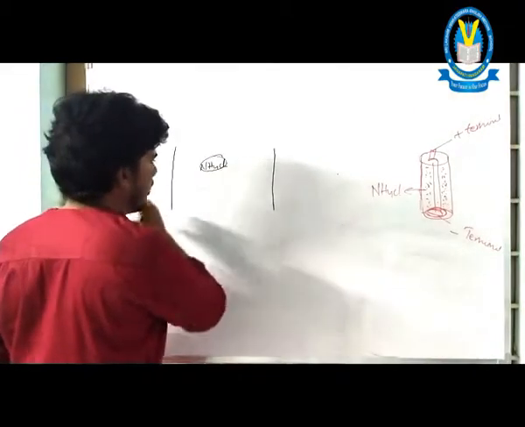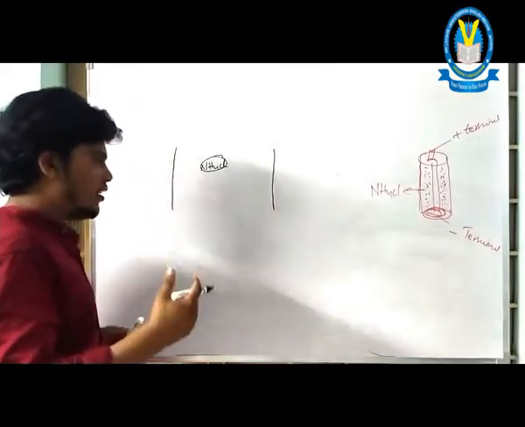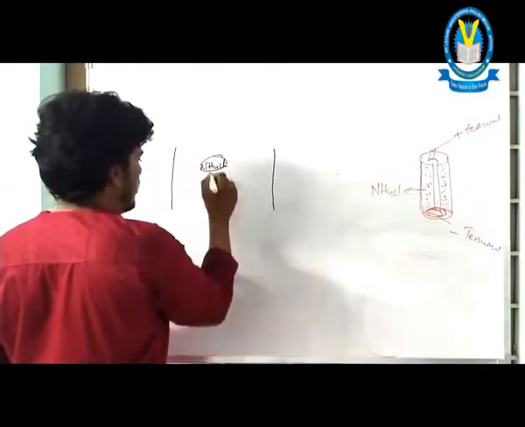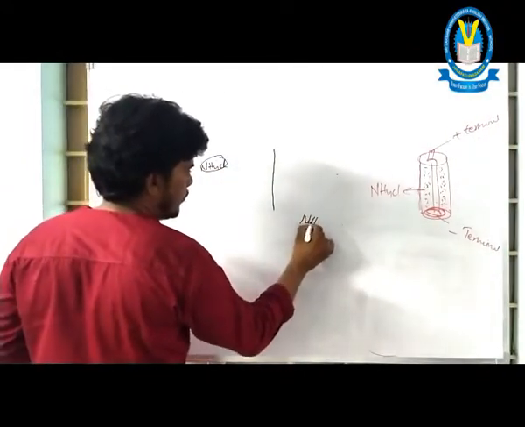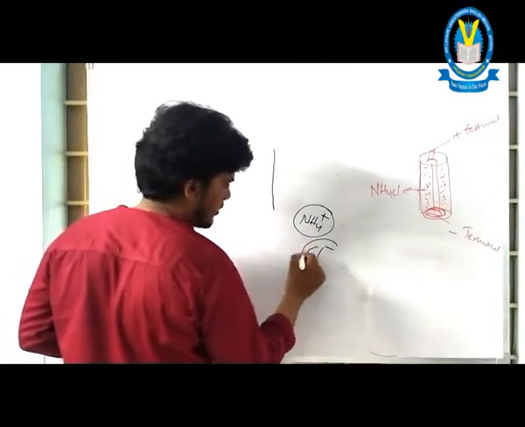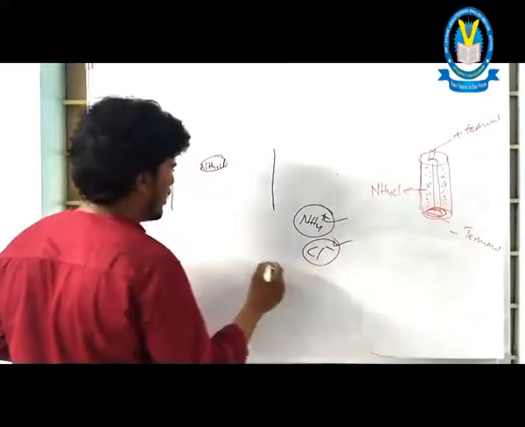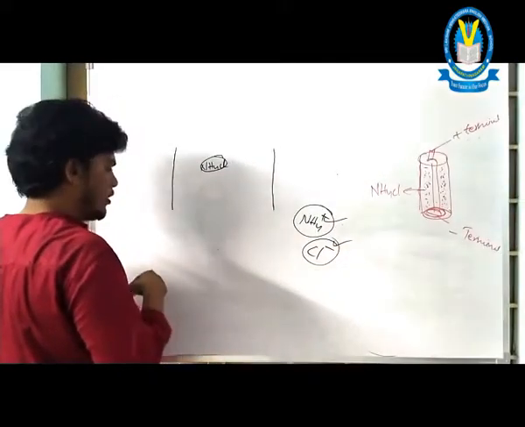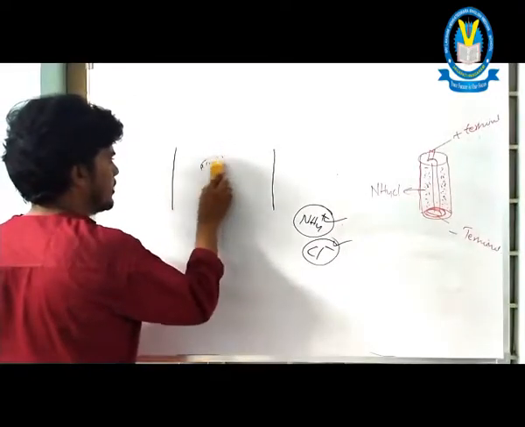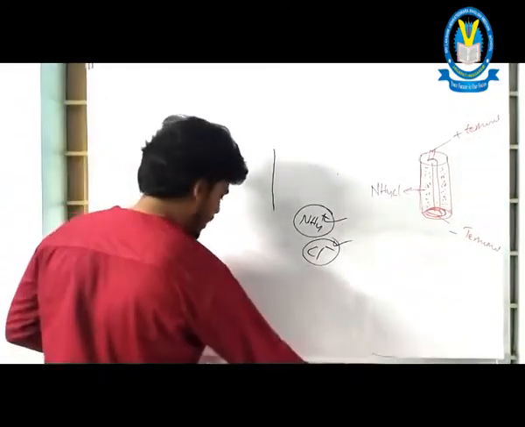In this chemical, there are two kinds of charges, NH4 plus and Cl minus. So positive charges and negative charges are there. There is a group of positive and negative charges present at the center of the battery.